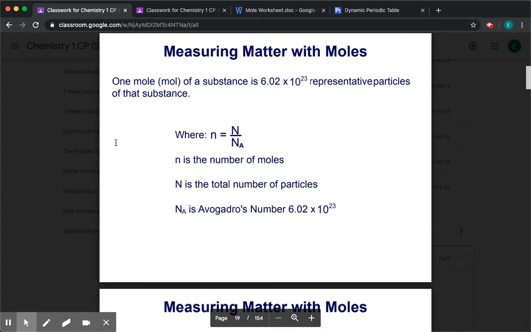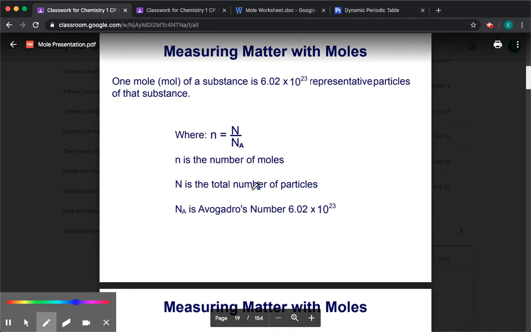This is the formula that you need to find out how many moles of something you have. Just like a dozen, if you want to find out how many moles you have, you need to know how many of it you have and divide it by Avogadro's number. So the little n is moles.